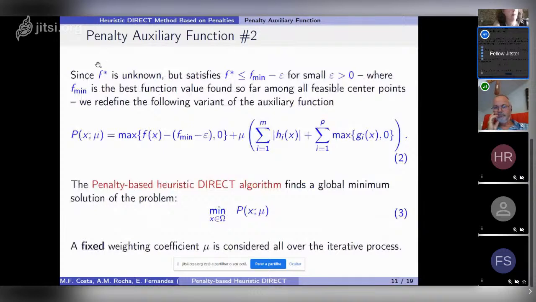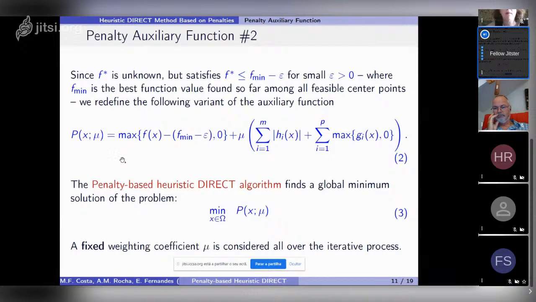Since the optimum value is unknown in general, but we know that it satisfies this condition here, where f min is the best function value found so far among all feasible center points, we redefine the following variant of the auxiliary function as this.